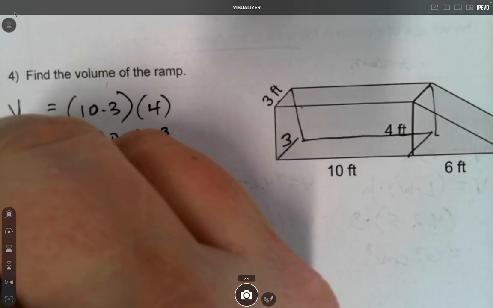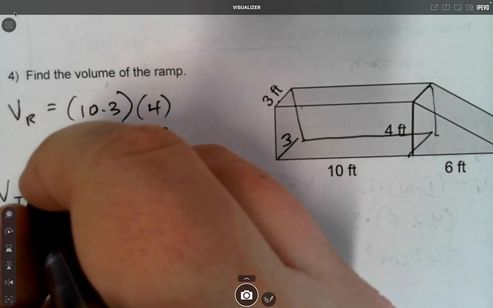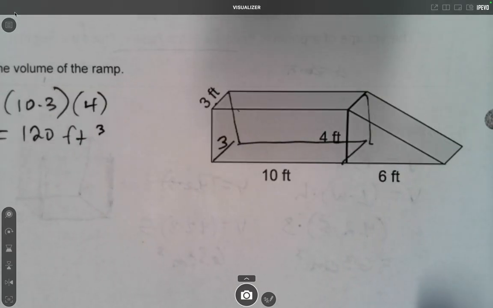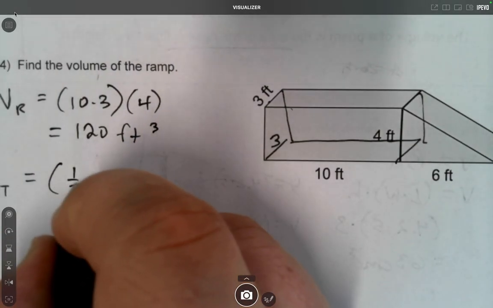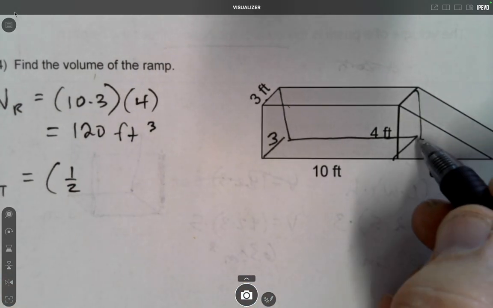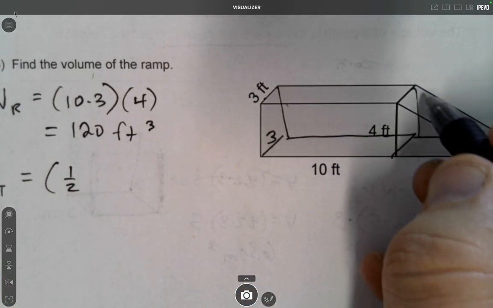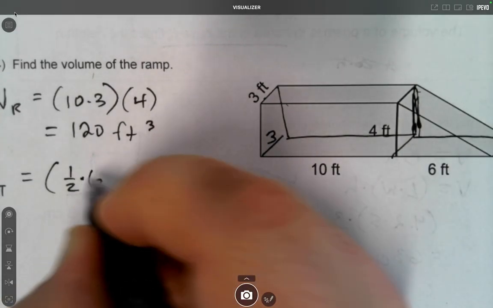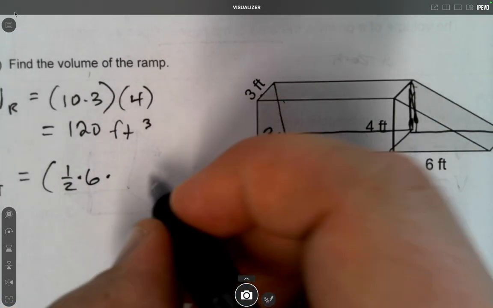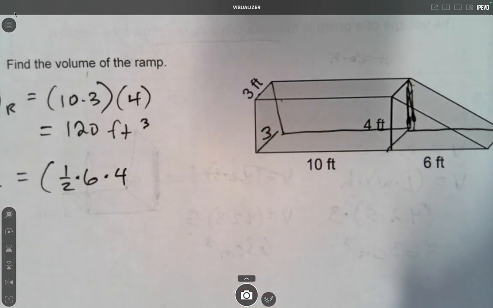Then we got to do the volume of the triangular prism. So for that one we do half times the base of the triangle, which is 6, times the height of the triangle, which is 4.